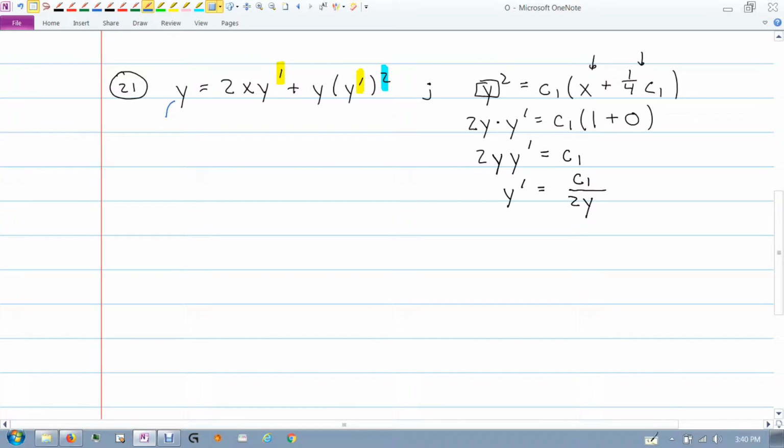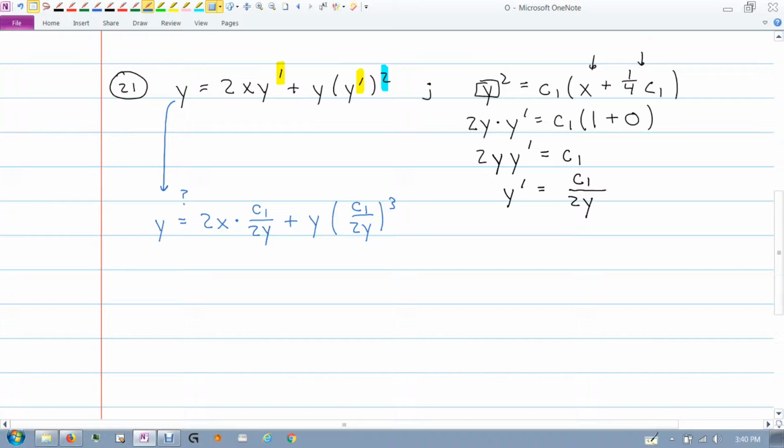All right, let's plug and chug and see what happens. So y equals x times y prime, which is c sub 1 over 2y, plus y times y prime, which is c sub 1 over 2y, but all of that cubed.